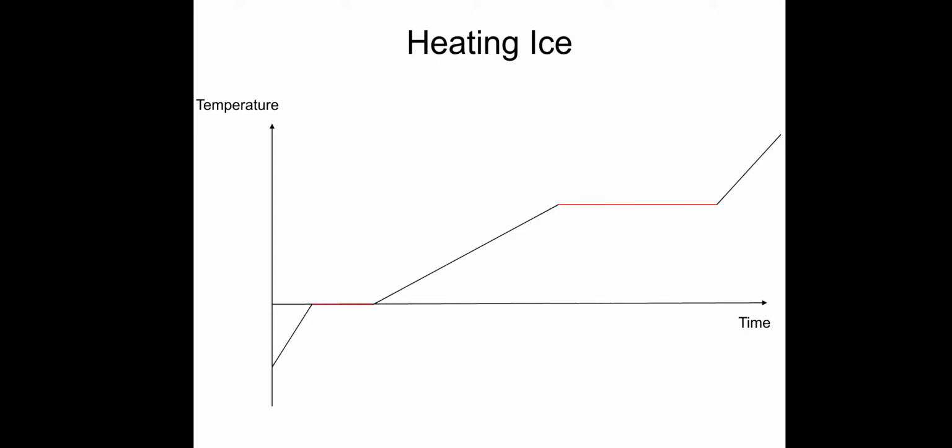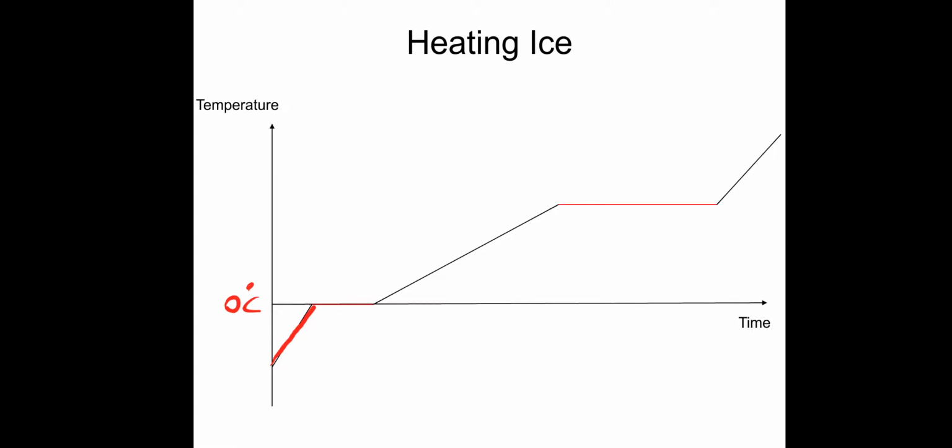So here's a graph. This is maybe heating ice. Obviously this is 0 degrees. In this first region, we've got ice being heated up, so this is a change in temperature.